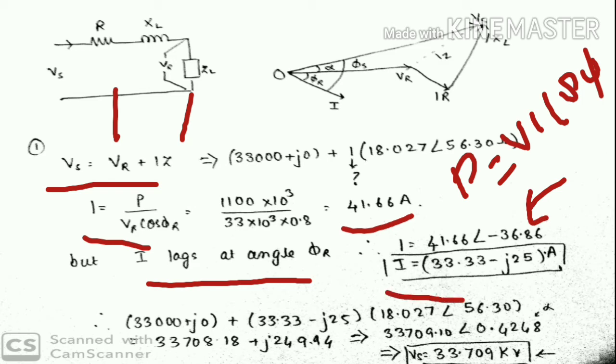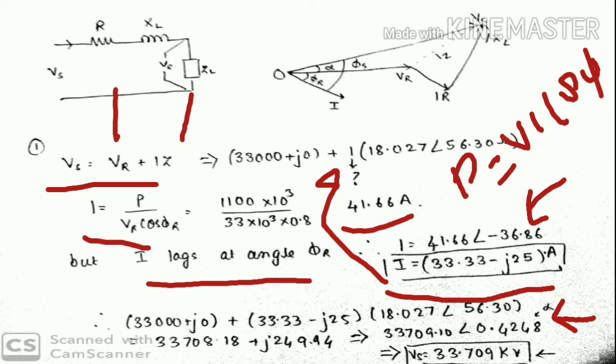So I will be 41.66 angle minus 36.86. Converting into rectangular, we get 33.33 minus j25 ampere. Now put this value in this equation, we will get 33709.10 angle 0.4248. So this is the value of the Vs.